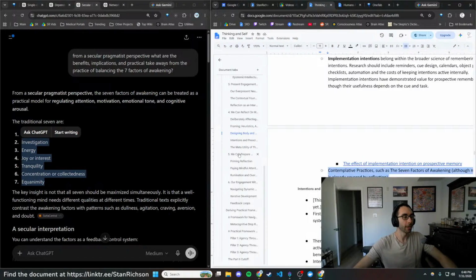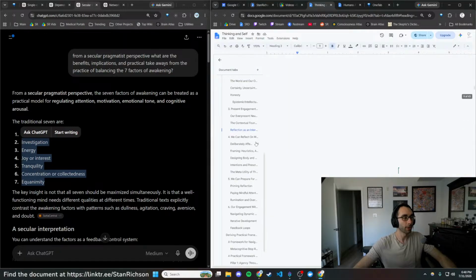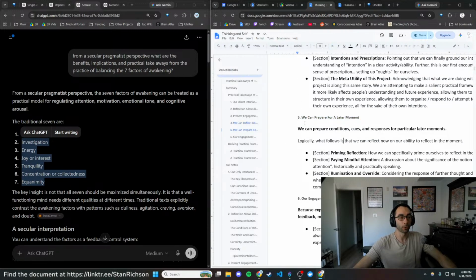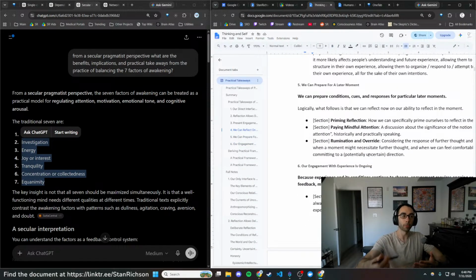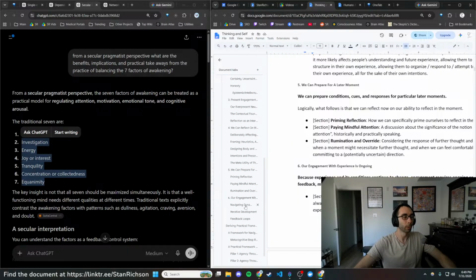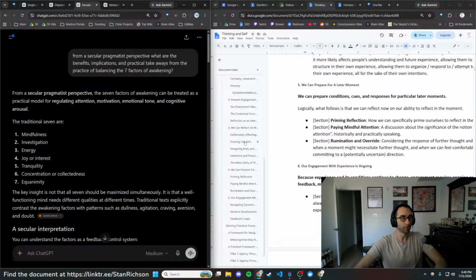This is going to show up again. So we've got, then we can prepare for a later moment. That's what we just mentioned. And then this number 6 is our engagement with experiences ongoing. So in that later moment, we could start there and we're going forward, continually engaging with experience. So this is going to be a number 6 idea, where we understand that we could be in a position later where we want to have a stronger capacity for tranquility, if that's the way you say it.